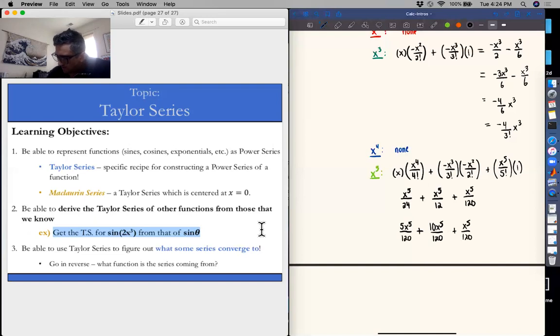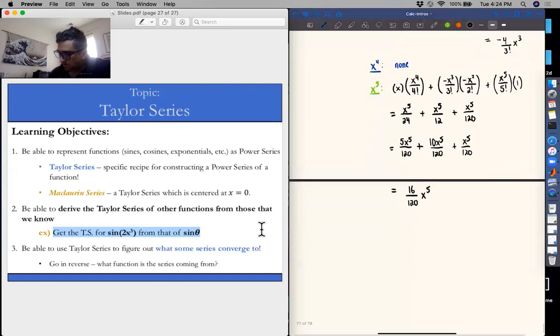So all in all, what that x to the 5th term actually looks like for us in that Taylor series is 16 all over 120 x to the 5th. And if we really wanted to keep factorials, we could write that as 16 over 5 factorial times x to the 5th.